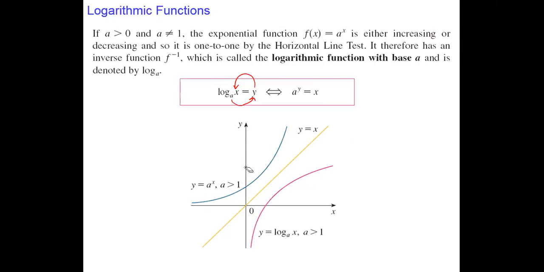We can see the whole function is above the x-axis. The outputs are positive. Now the domain is positive for logarithmic. The domain for the exponential was all of the numbers. Now the range for the logarithmic is all of the numbers, because the domain and range interchange for a function and its inverse.